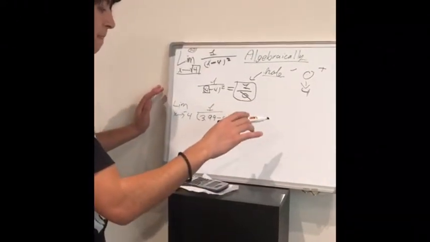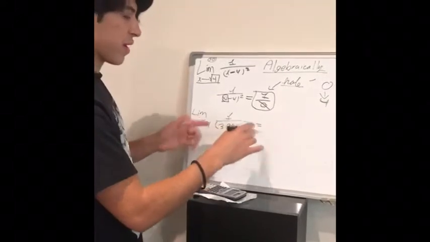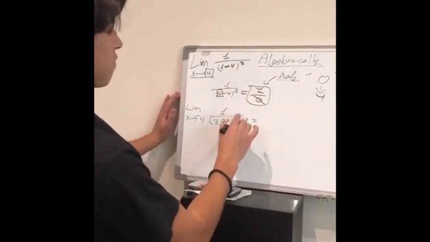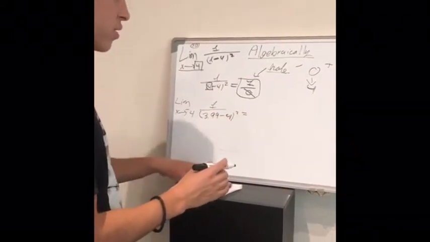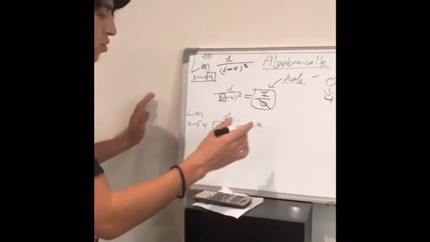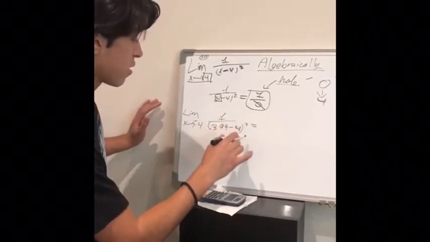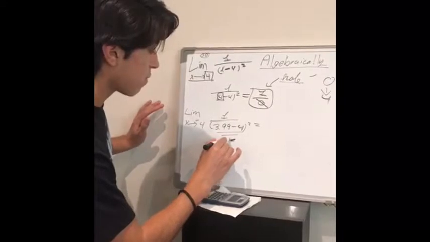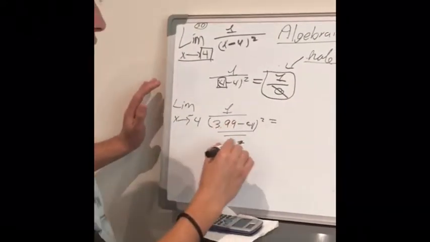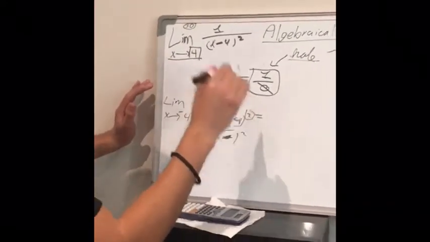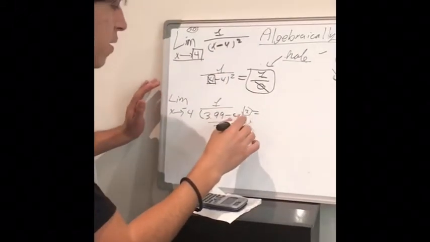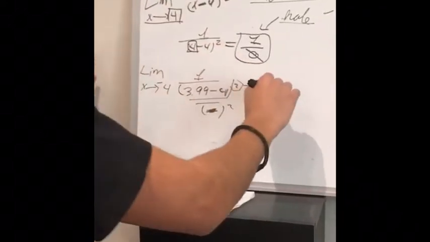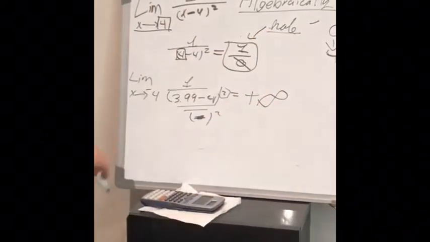So when you plug in these numbers, the number you'll get here is negative, but as you have the squared exponent, you'll get a positive number. So the answer will be positive infinity.